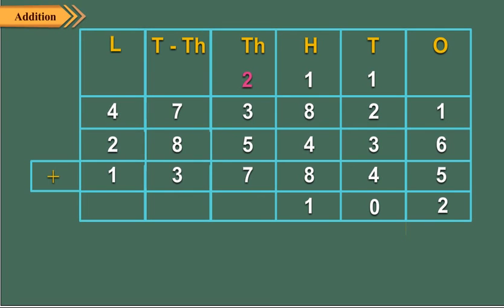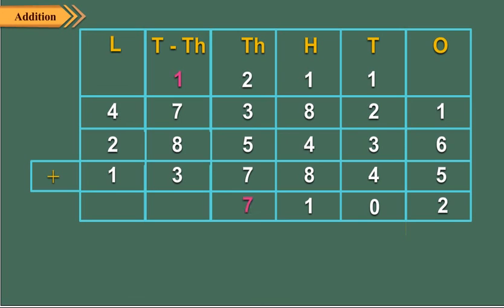Add thousands. 2 thousands carried plus 3 thousands plus 5 thousands plus 7 thousands is equal to 17 thousands, which is equal to 10,000 plus 7 thousands.